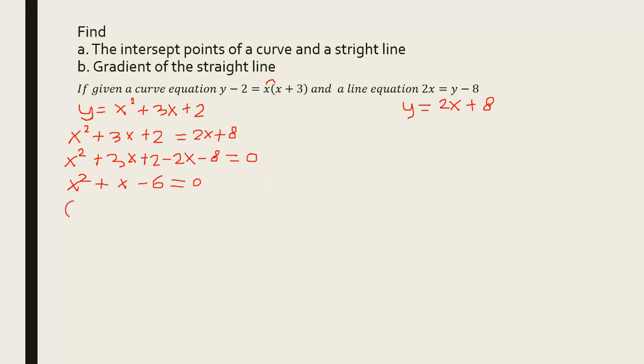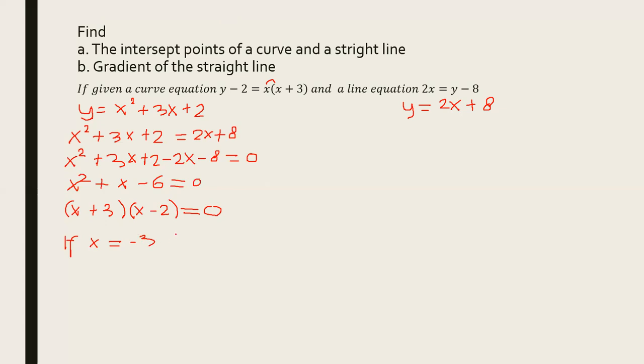And if we factorize, it becomes x plus 3 times x minus 2. So if x equals negative 3, why negative 3? Because x plus 3 equals 0. It means x equals negative 3.